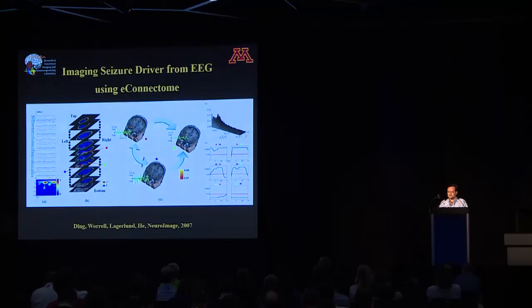By statistical significance testing, it was found that in this case, the area shown by the red dot and the area shown by the blue dot are driving others, but not the area shown by the green dot, which suggests the notion of a primary seizure source versus a secondary source due to propagation in the epileptic network.